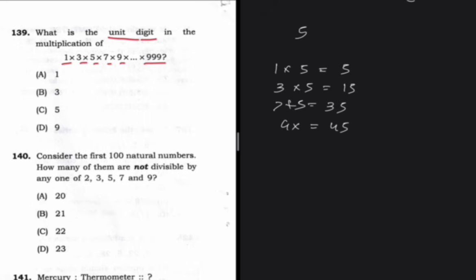So you can see that the unit digit here is always 5. So if any product in this series of odd numbers is multiplied by 5, the unit digit will always be 5. Hence, option C is the right answer.